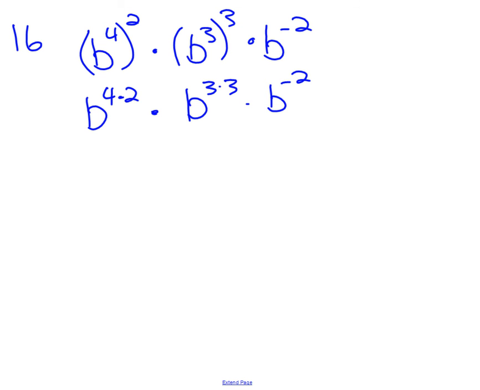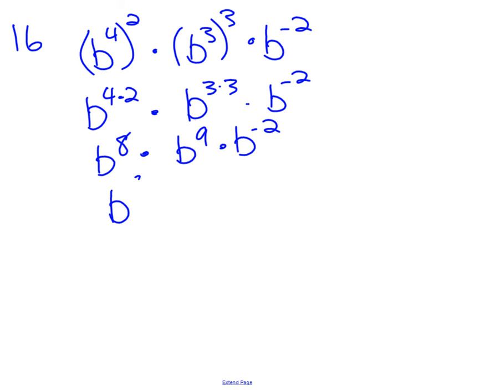You got it? All right, so next step, we say what's 4 times 2? 8. So this is going to be b to the 8th times, the next one would be 9. b to the 9th. And then this one still hasn't changed. Okay? So now they all have the same base. So what can we do with our 3 exponents now? Combine them how? Which operation? Addition. Because this is now rule number 1. If you have 2 numbers with the same base being multiplied, you just add their exponents together.